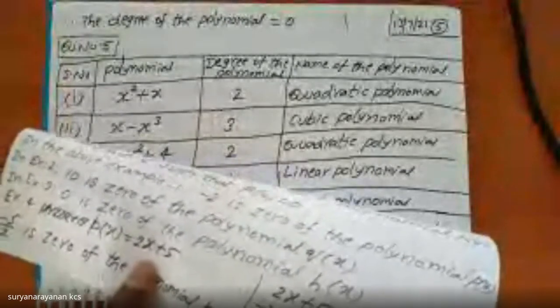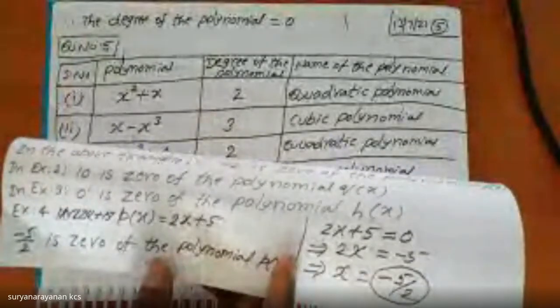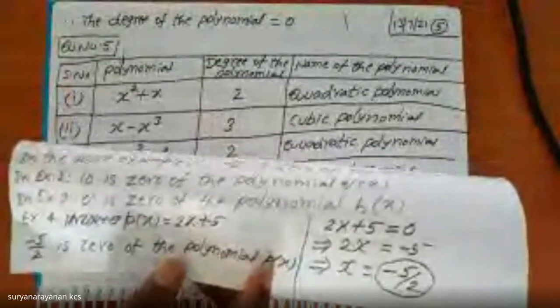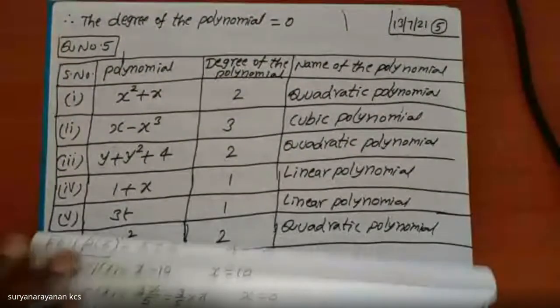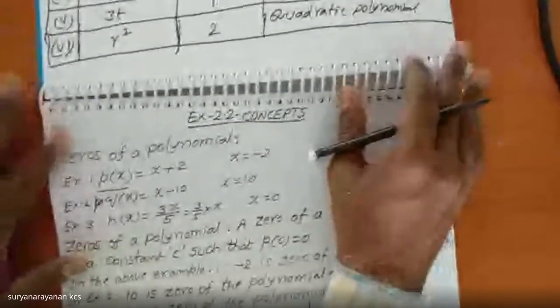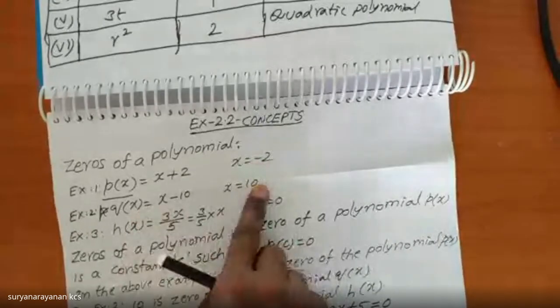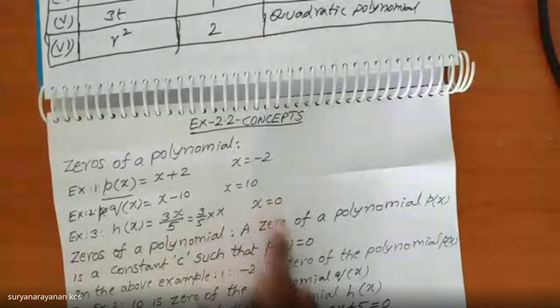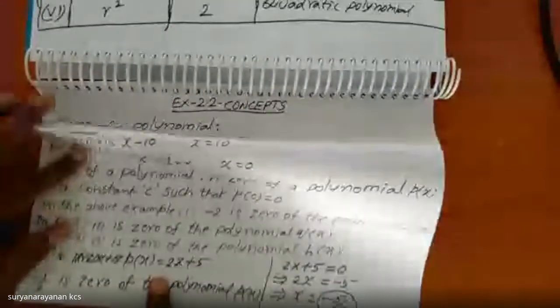How many zeros did you get for these polynomials? One and only one zero. Yes or no? Minus 5 by 2 here in this example. In the first example, you got minus 2. In each of examples 1, 2, 3, and 4, you got only one zero.